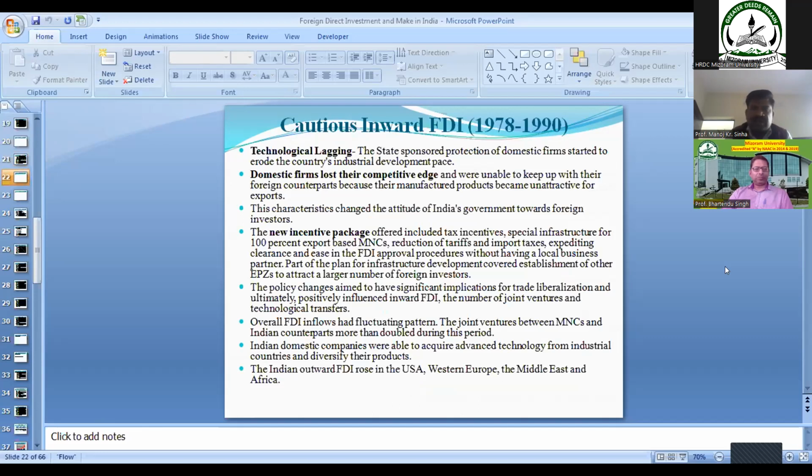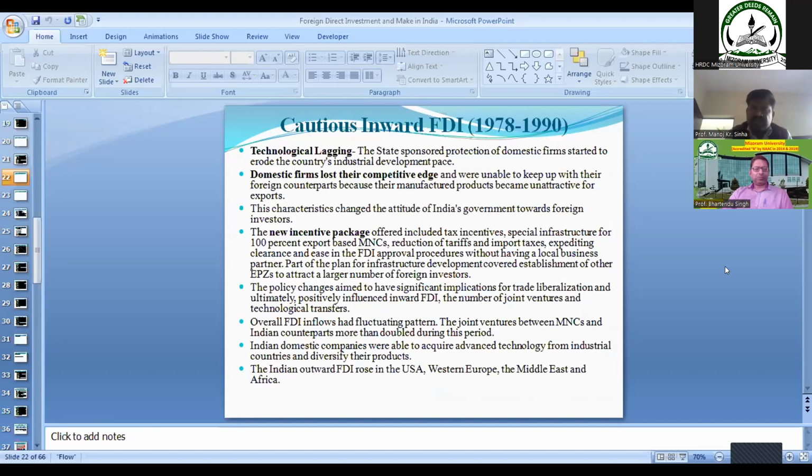Next period, our FDI policy from 1978 to 1990. This is called the cautious inward FDI policy. Due to import substitution, FERA and MRTP, foreign direct investment in India decreased substantially.